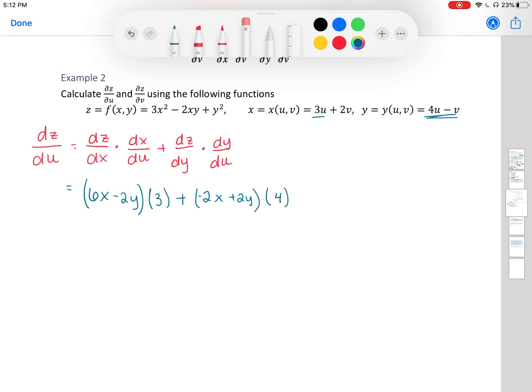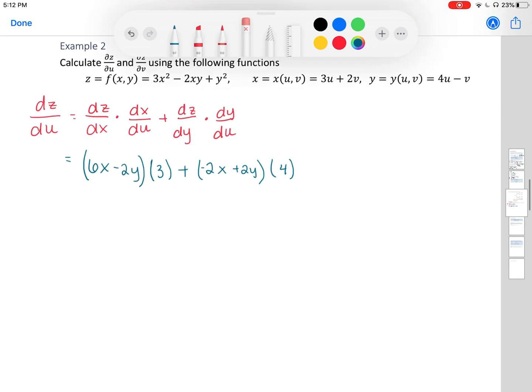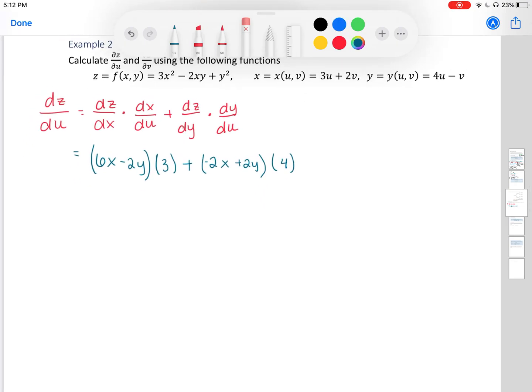Okay, so let me erase those notes above. Let's go ahead and clean it up. So we get, let's multiply in that constant, 18x plus 6y, multiply in that constant, plus 8x plus 8y. Okay, now do we have our answer? Well, what do we want? We want dz/du.